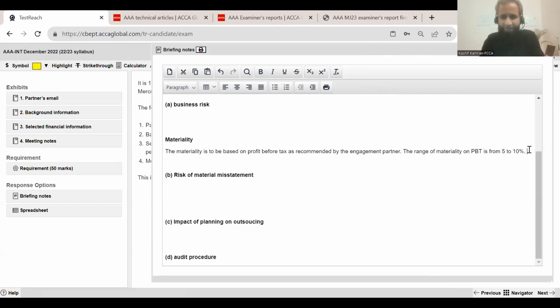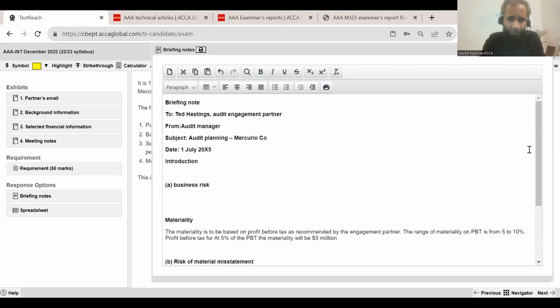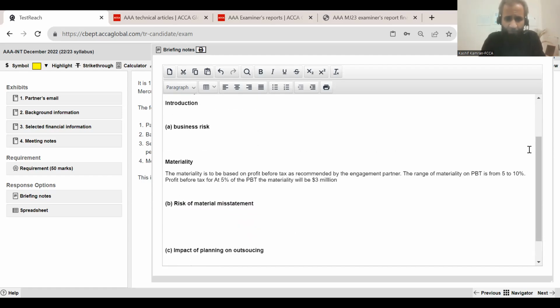So we put a full stop and say, at 5% of the profit before tax, the materiality will be $3 million. Or you can first say, the profit before tax for Mercurio Company is $60 million.